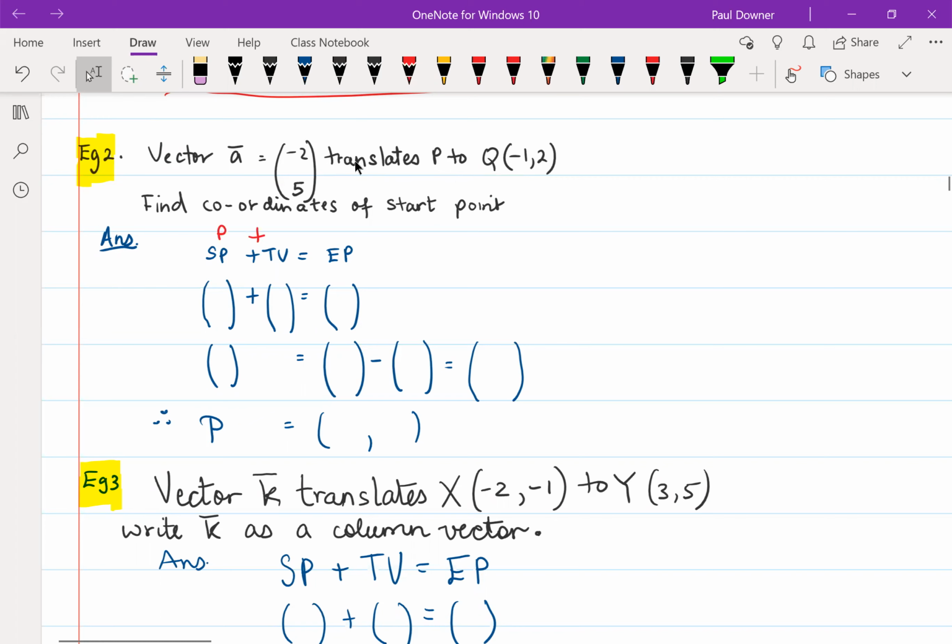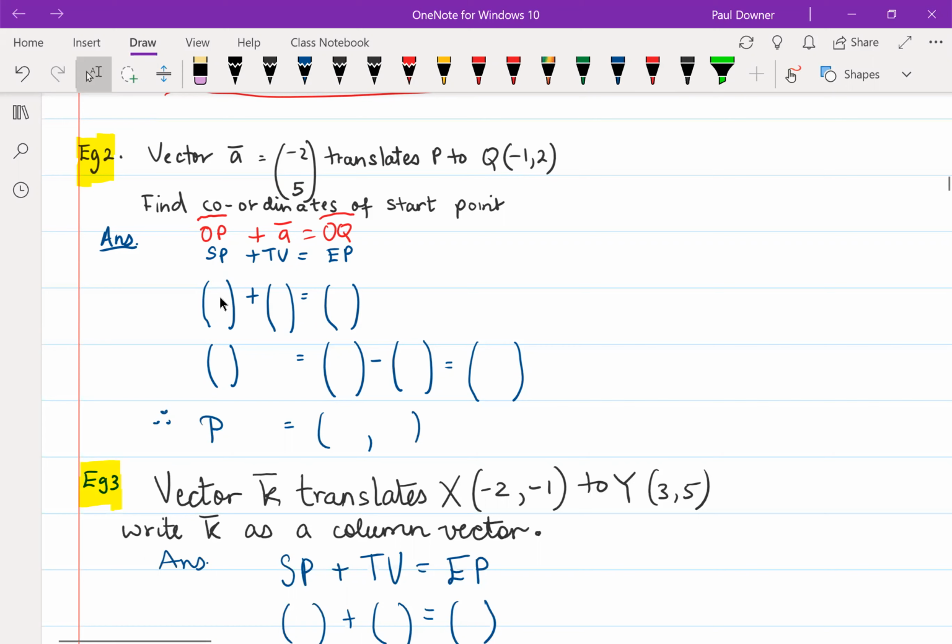Our translation vector is going to be A, and our end point is going to be Q, because you're going from P to Q. But remember, this is a vector equation. So the vector that represents P would be OP, and for Q it will be OQ.